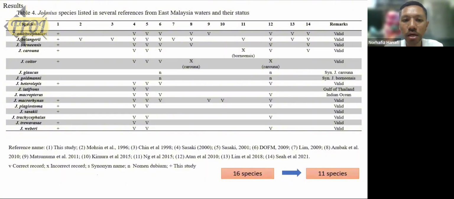Certain species misidentified. So this is very important. Why kita kena extract information? We have to bring all the information, list out, and confirm again. Actually, only 11 species valid. You see why it's a very important taxonomic revision. Sebab you cannot just believe everything in the information out there. Sometimes it's wrong.